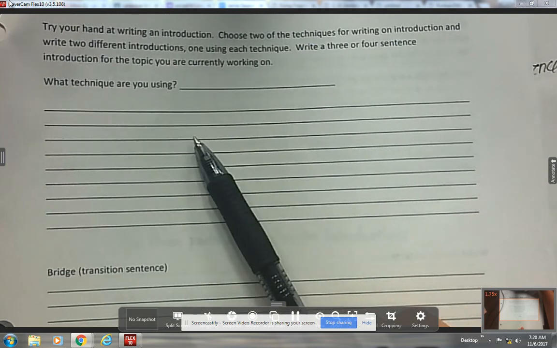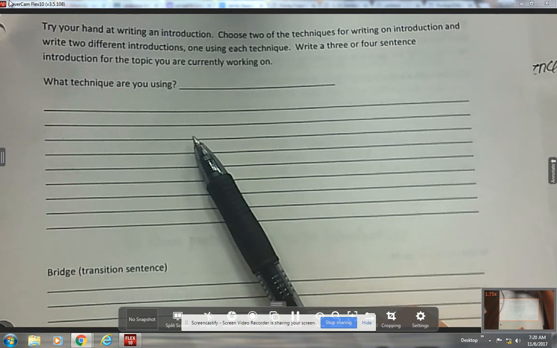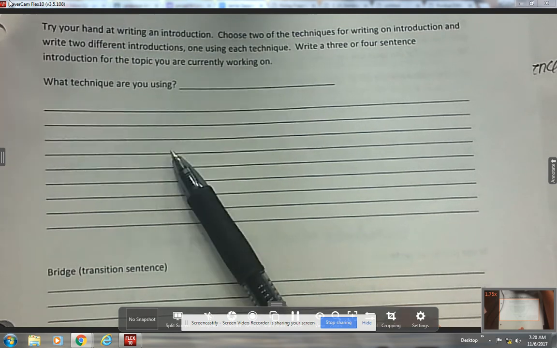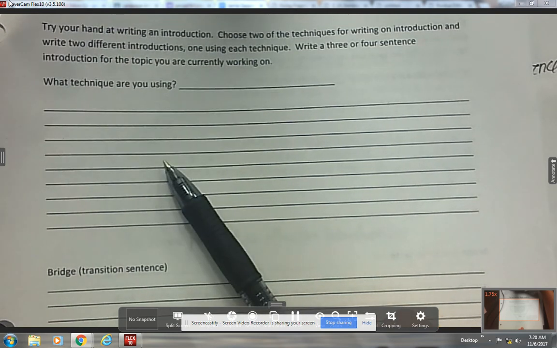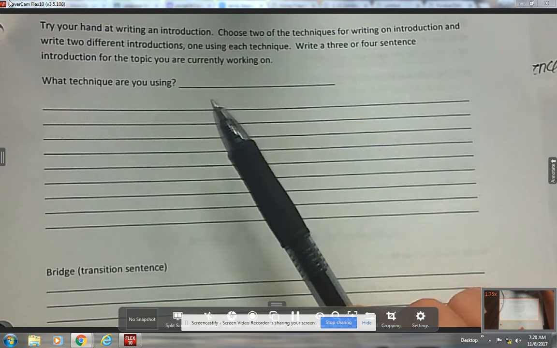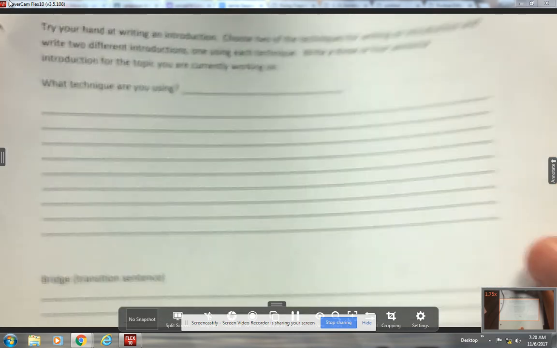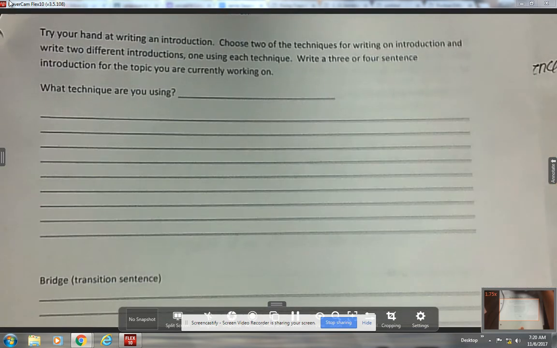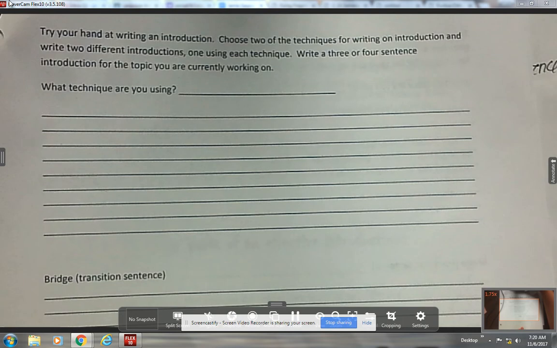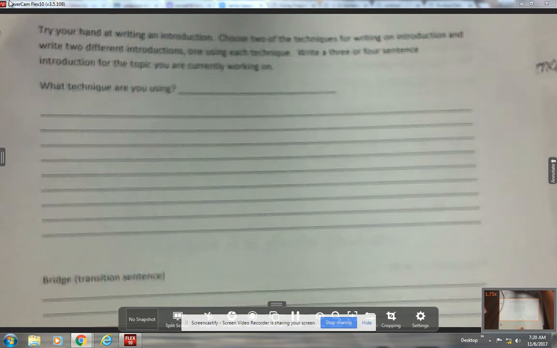For share time this afternoon, at the end of class today, we're going to have people share out some of their techniques, and then we're also going to have the audience guess what technique you used. So practice it twice during writing time today. Make sure you're using historical review, vivid description, anecdotal, or shocking statement.